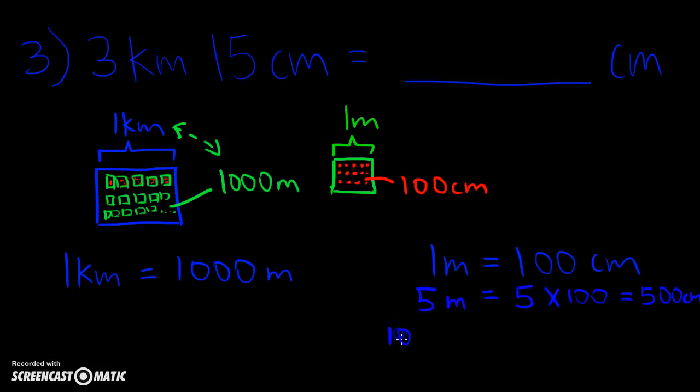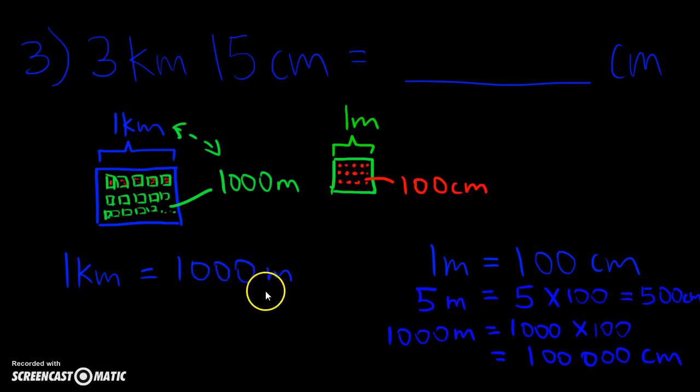So if I want 1000 meters, I take 1000 multiplied by 100, which gives me 100,000 centimeters. So far makes sense? So I know that these 1000 meters actually give me 100,000 centimeters.